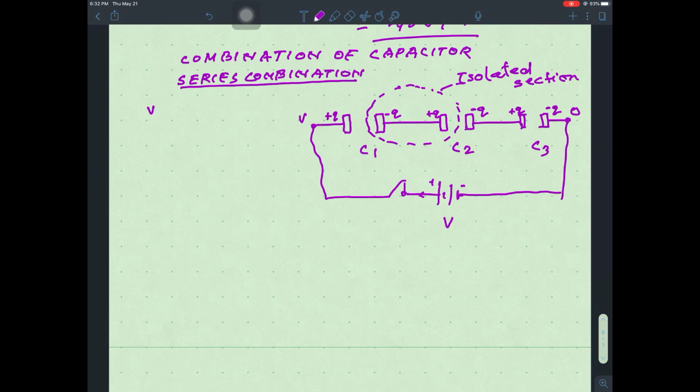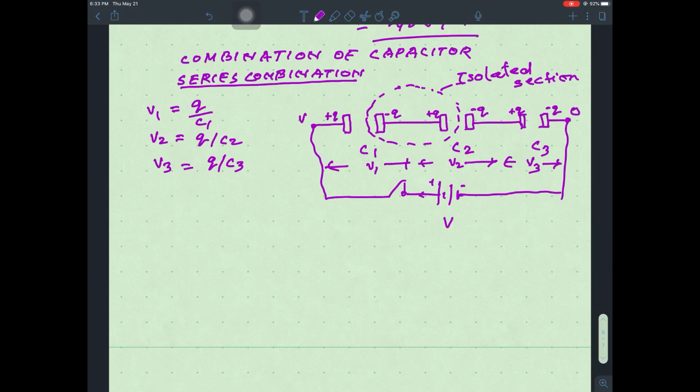So what we can see? We can see V1 is equal to Q by C1, V2 is equal to Q by C2, V3 is equal to Q by C3. This is the potential drop across the three capacitors. V1 is across the first capacitor, V2 is across the second capacitor, and this is V3.